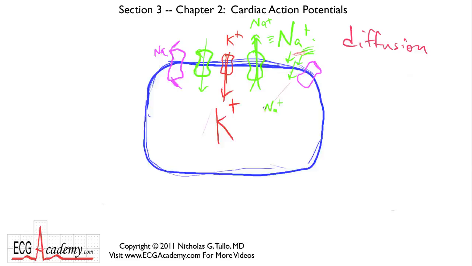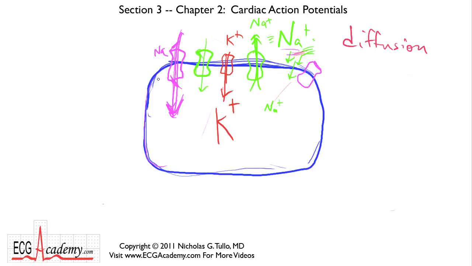Without getting too complicated, under the right circumstances the sodium gate opens up, and sodium is able to rush into the cell down the concentration gradient. It's easy for the sodium to rush in because there's very little inside and there's lots outside.